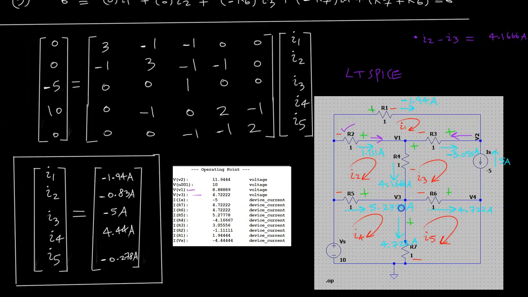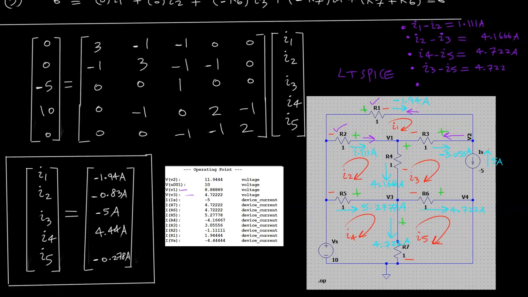Let's see how we can figure out the mesh currents from these. That's the ultimate challenge here, to find the mesh currents and compare them to LTSPICE. So I4 minus I5 should give us 4.722 amps. I'm going to go ahead and find all the conditions so we can see what we can do.